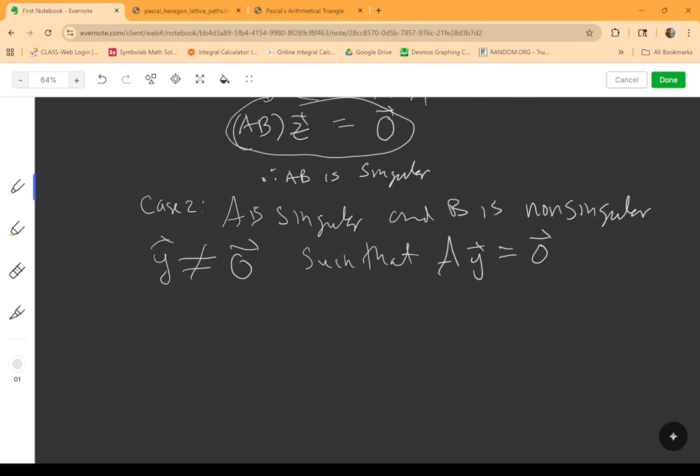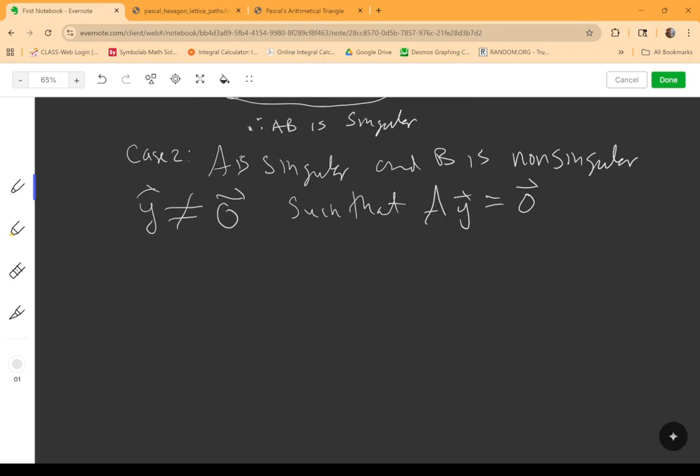So let's look at what type of properties we can derive from B. If B is non-singular, then the linear system Bw = y has a unique solution.